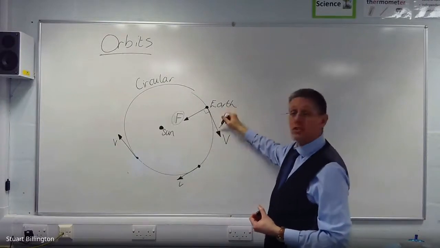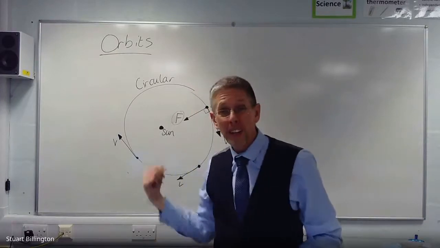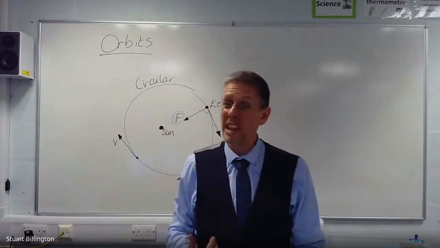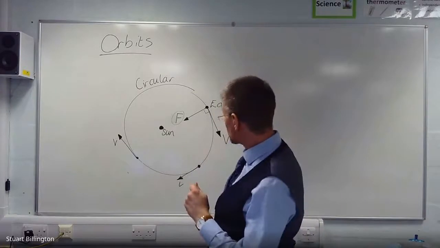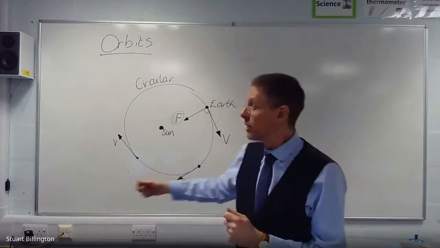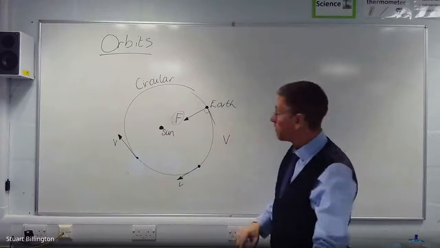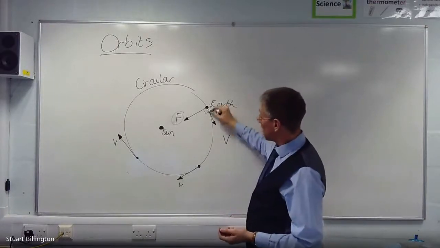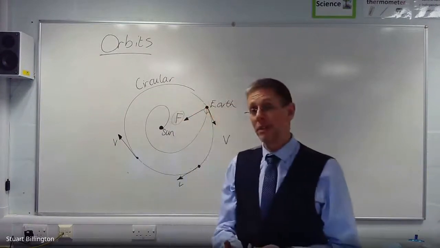If this object is traveling too slow, it won't need that much force to hold it in orbit. And there'll be a whole load of leftover force that's not just going to hold it in orbit, but going to drag it into the ground. So if this thing travels too slow for that size force, it's going to crash and burn and spiral into the sun or the earth, and it's game over time.